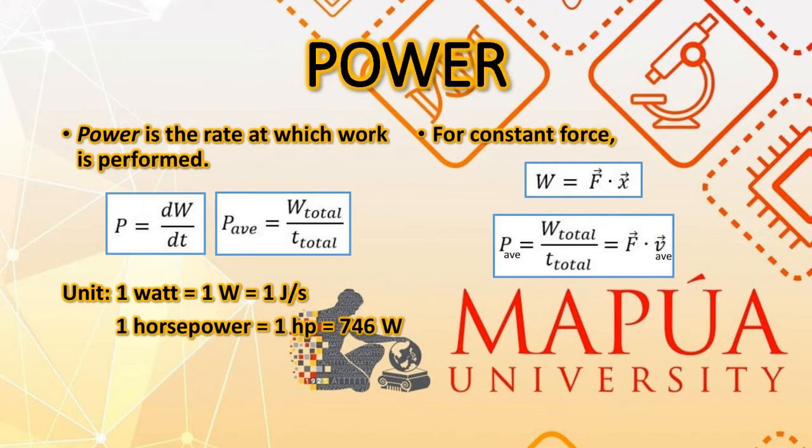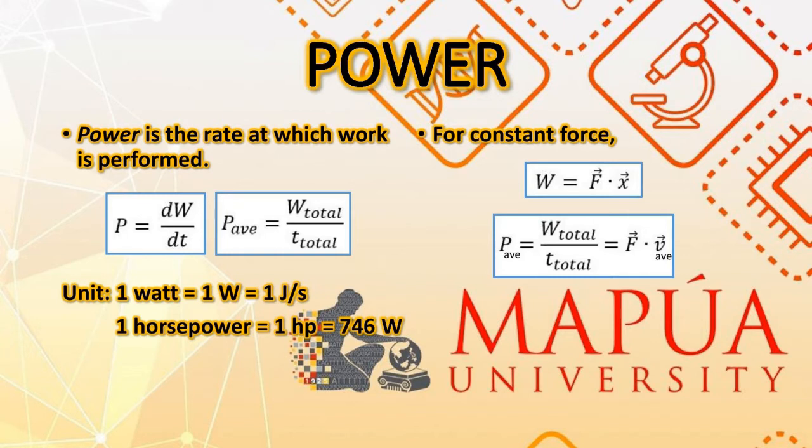If we take the average power, this equation becomes P average is equal to total work done divided by total time or total elapsed time. So work divided by time, basically that's power. That's joules per second. That's given its own unit, watt.